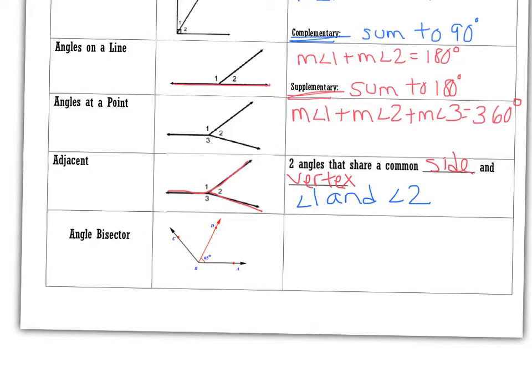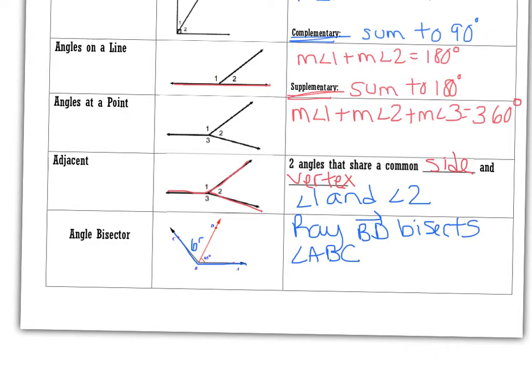An angle bisector is a ray that cuts the entire angle in half. So if ray BD bisects angle ABC, then I know that it cuts this entire angle ABC in half.